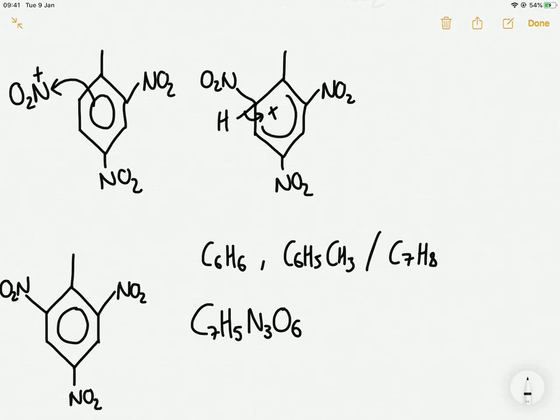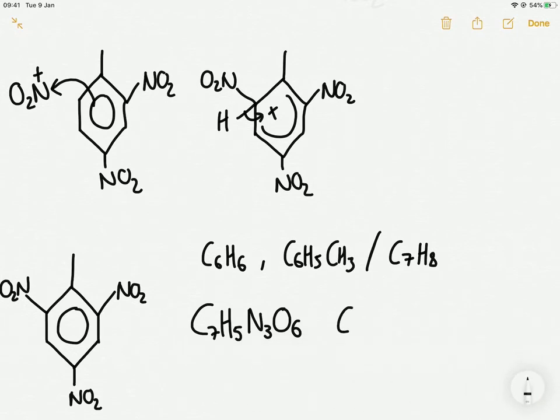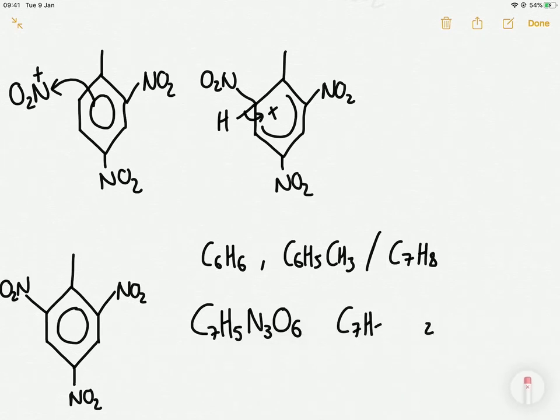Then what you've got to consider is that every time you add a nitro group, you're taking away a hydrogen because it's a substitution reaction. So that means we end up with C7H5, and then the N3O6 represents the 3 nitro groups. I suppose you could have it like this. Effectively the same thing, but if we're just talking pure molecular formula, I've just bunched everything together so that you've got the number of atoms of each element with no reference to how they're bonded.